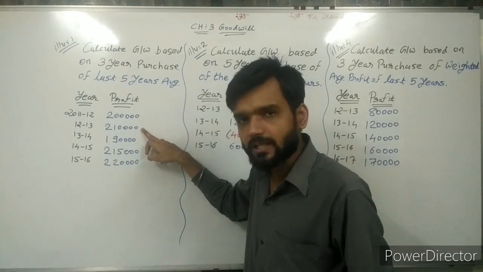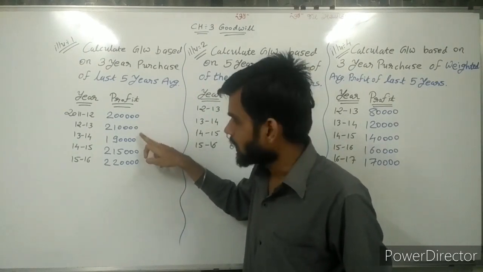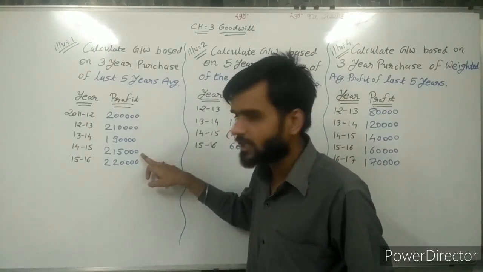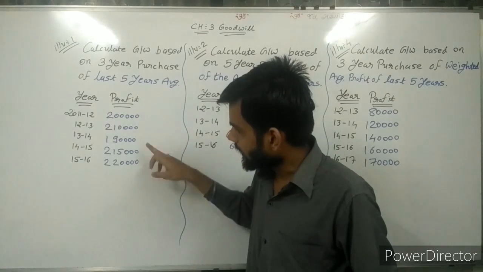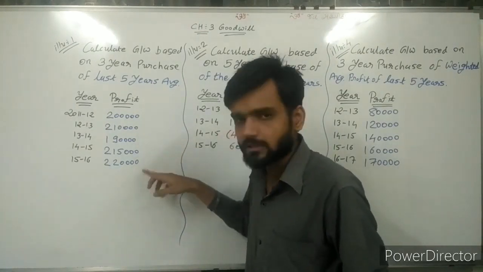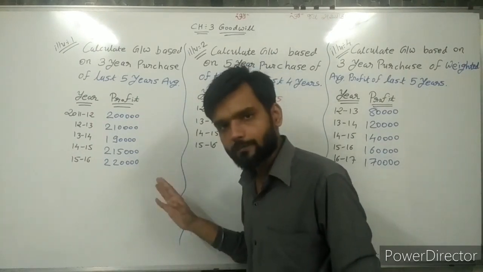Second year 2,10,000, so profit increased. Third year 1,90,000, so profit decreased. Then again profit increased to 2,15,000, and again to 2,20,000. So first increase, then decrease, then 2 increases. This way profit is going on.